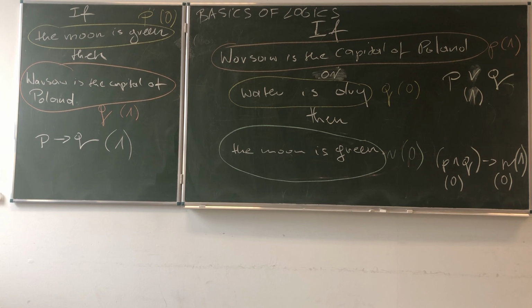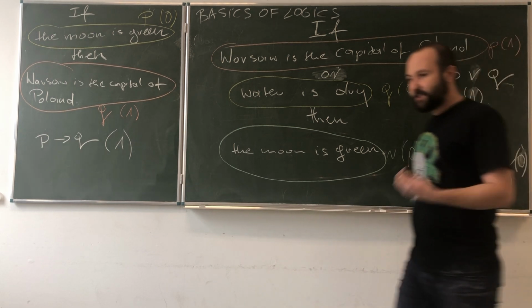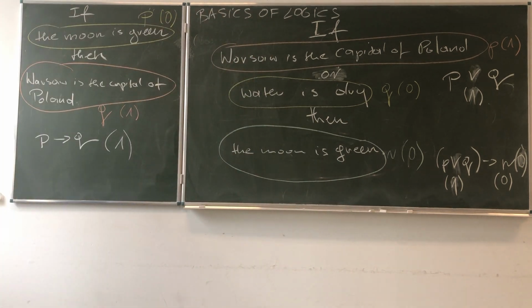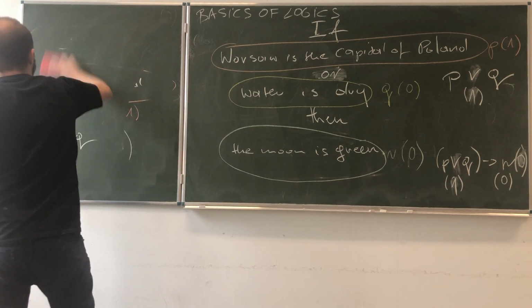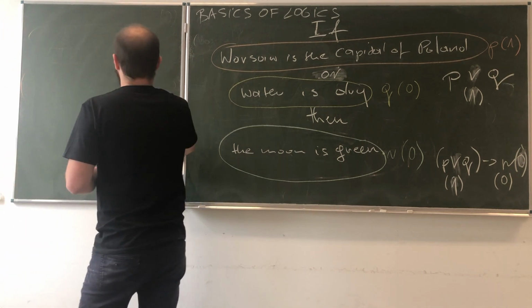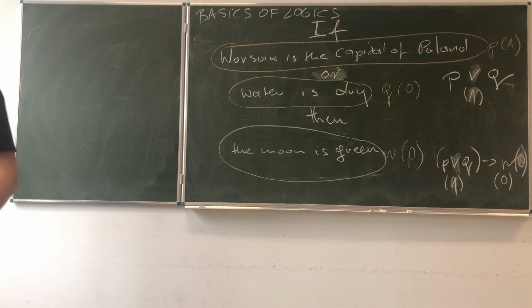Now, in this case, the statement can be expressed as this, and we see that it has a logical value of 1. But if something truthful implies something false, the entire statement is false. Okay, I think these examples actually explain very well the basics of how we can assess logical value of a sentence.